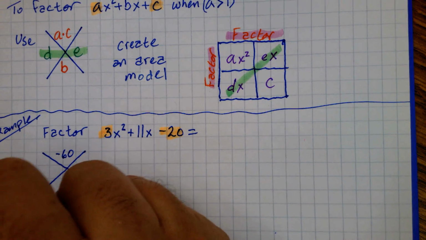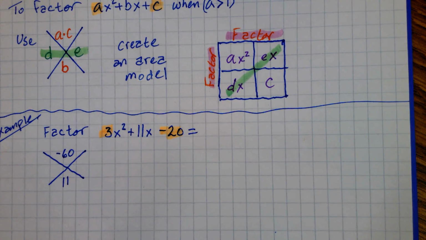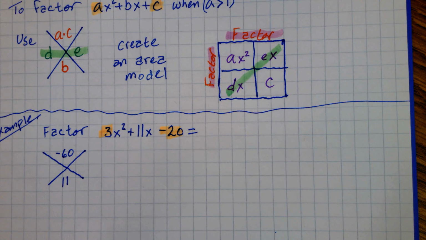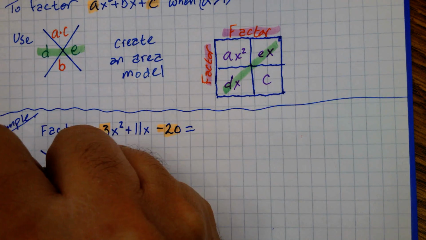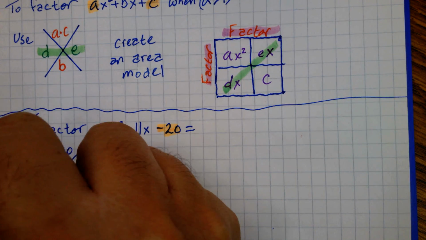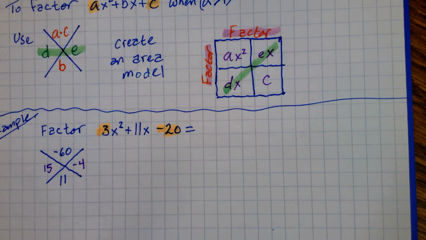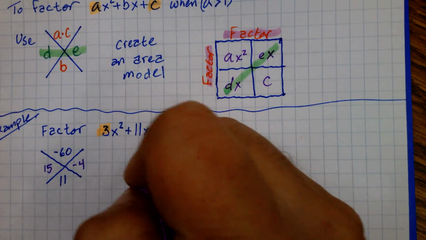And then we want 11 here still. So we want two numbers that multiply to negative 60 that add up to positive 11. 15 and negative 4. Okay. So let's write those down. 15, negative 4.